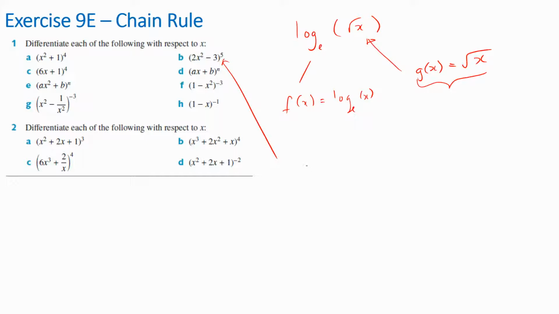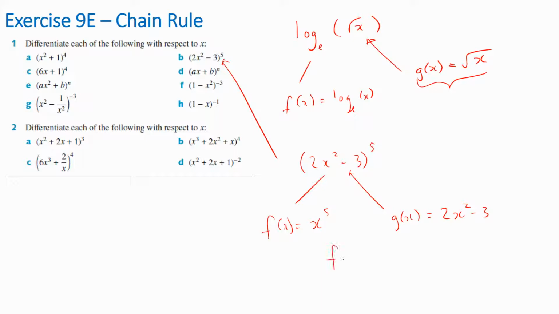So same thing with this one. This is now 2x squared minus 3 to the power of 5. Now you should be able to pick out when it's a chain rule, because when you have a composite function, it is a chain rule problem. So in this one, I can say f of x is broken up into x to the power 5, and the inside function is g of x, which equals 2x squared minus 3.